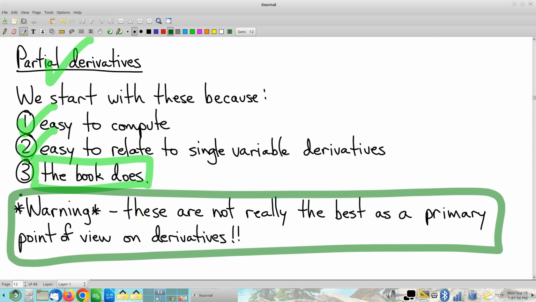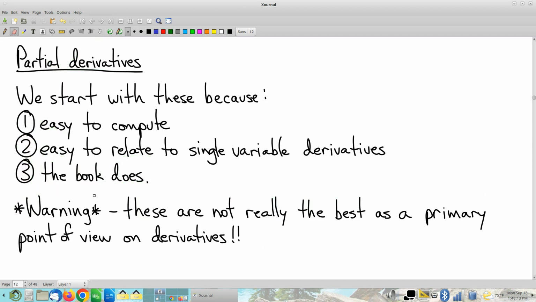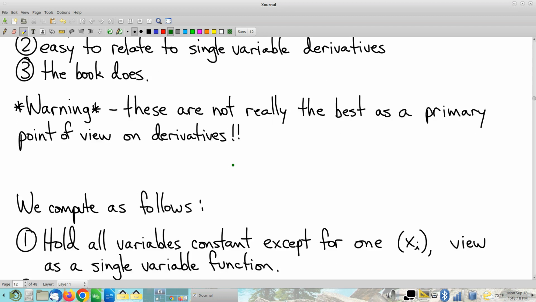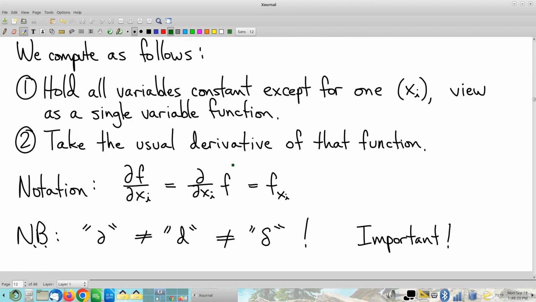Partial derivatives are really not the best way to think about multivariable differentiation. There is a much more natural, powerful, really better way to think about it. And again, we'll get to that soon. So anyway, you've been warned. Don't get too comfortable with partial derivatives. Okay, so that said, let's do it.